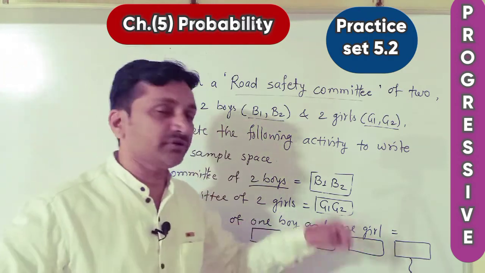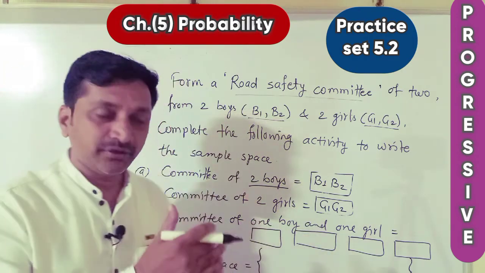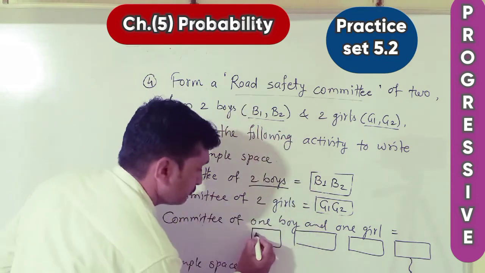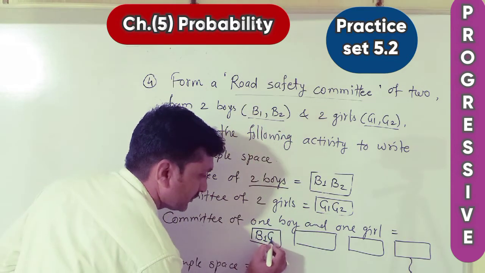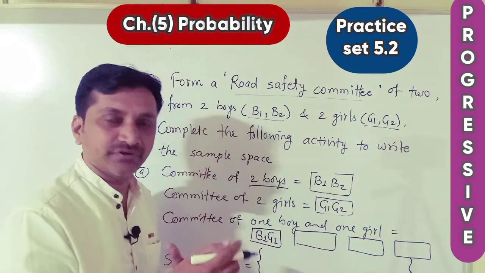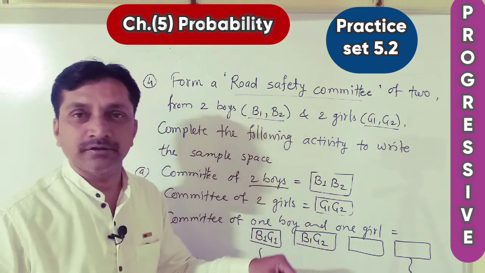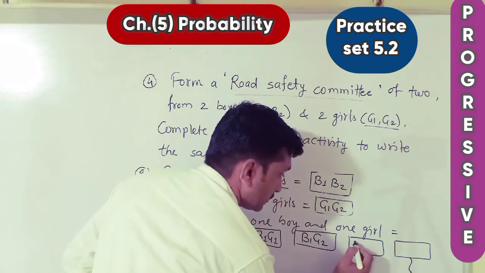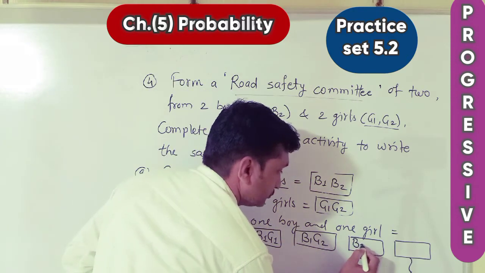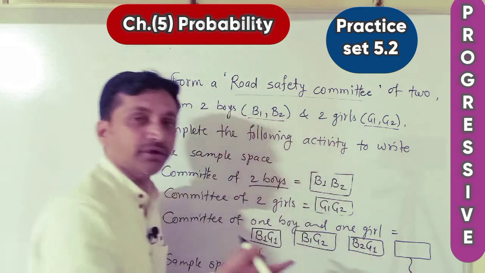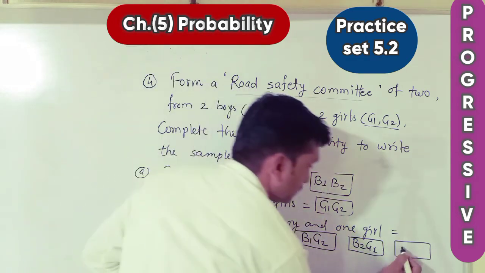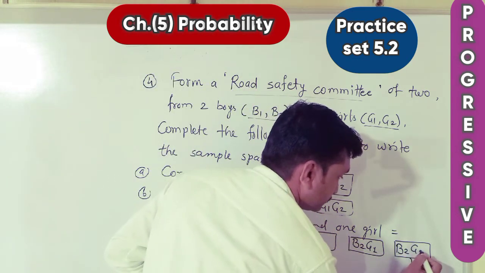Committee of 1 boy, 1 girl, a pair: B1, G1, first boy, first girl; B1, G2, first boy, second girl; B2, G1, second boy, first girl; B2, G2.